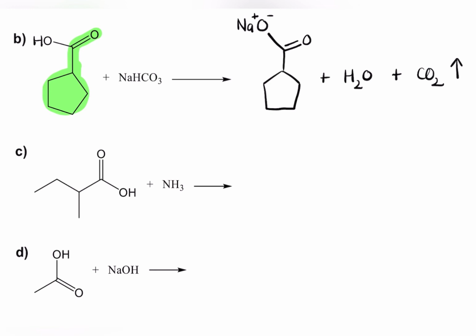Next one, I have my equation C where this part is going to stay as it is. So I'm going to copy back as it is. So I will have this part, and this bond will attach to O minus, and it will attract NH4 plus. So a bit special for this one, there is no side product.